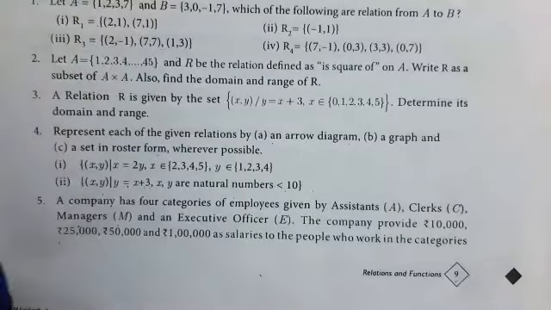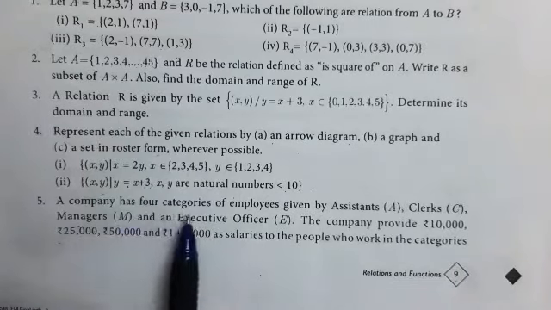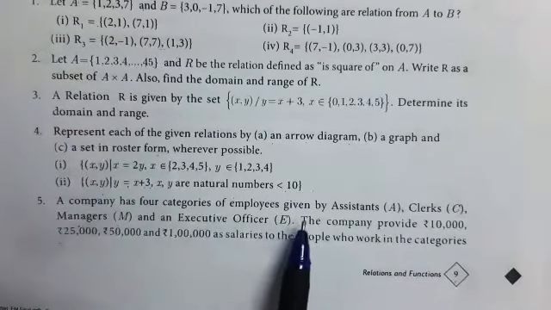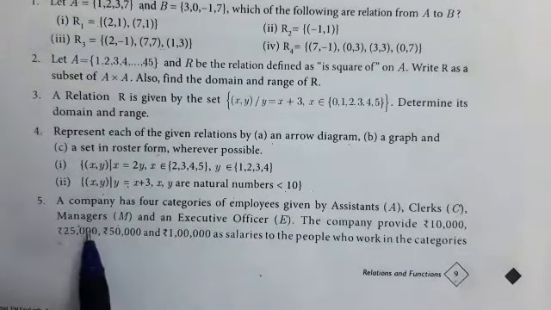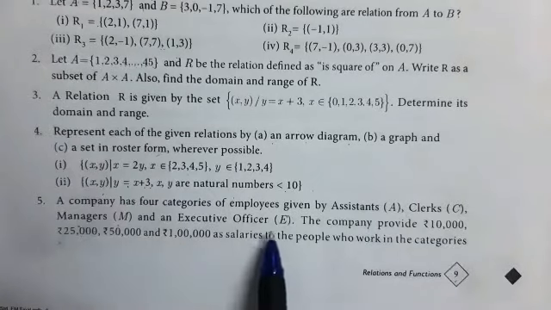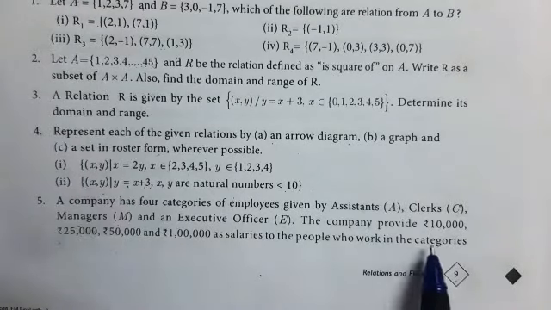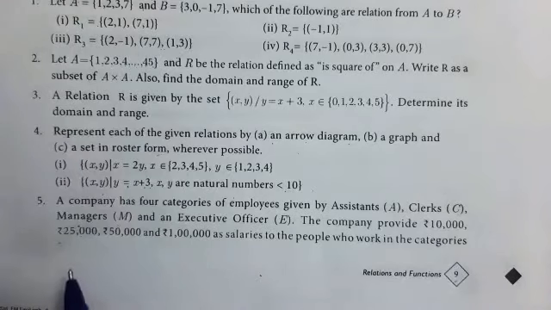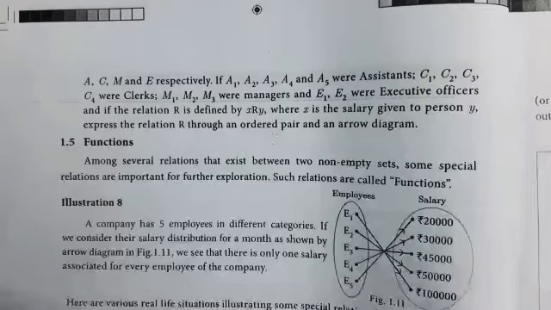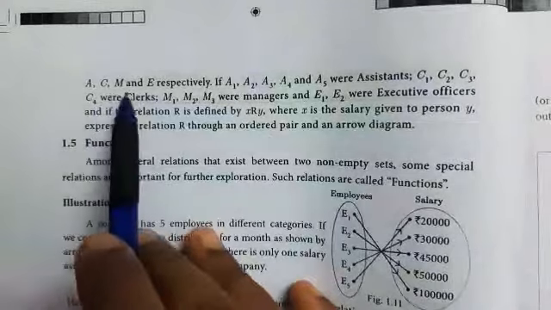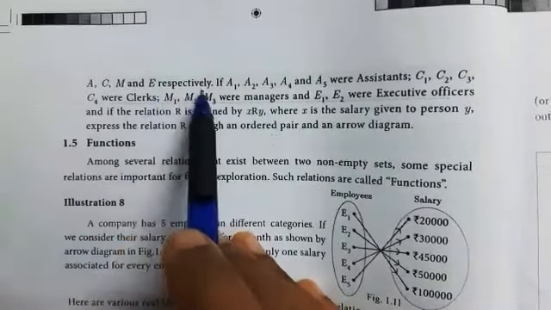See the fifth question. A company has 4 categories of employees given by assistants, clerks, managers and an executive officer. The company provide rupees 10,000, 25,000, 50,000 and 1 lakh as salaries to the people who work in the categories A, C, M and capital E respectively.